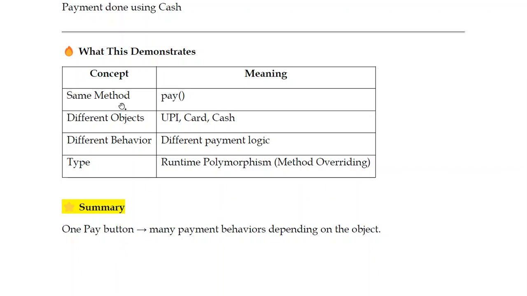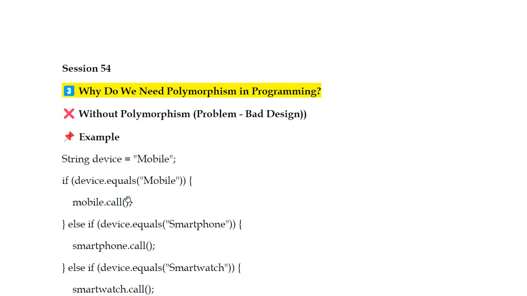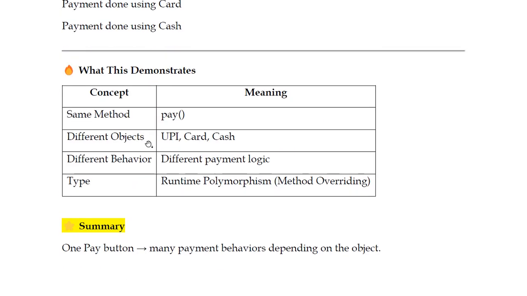That is pay. Same method name, different objects: UPI, cash or card. Behaviors are different. The payment logic depends upon the object, UPI or card or cash. The payment logic is different. What type of polymorphism are we achieving? Runtime polymorphism. I hope this session is clear.